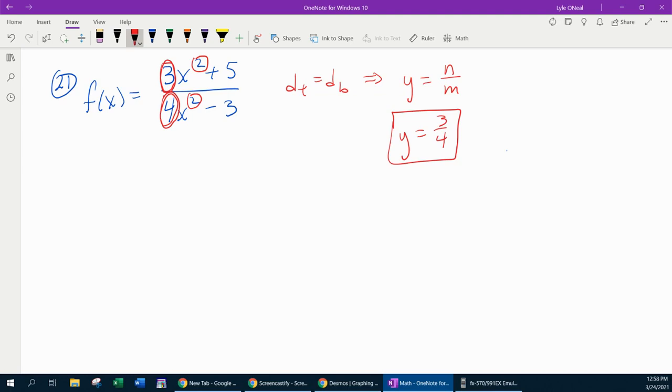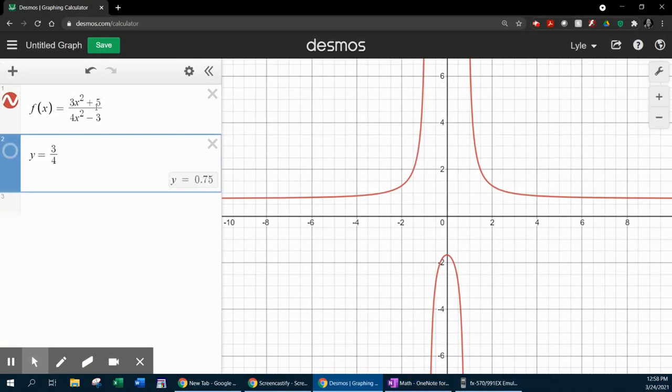Now, to verify that I'm correct, again, I want to go to Desmos. Here I've already typed in our function, and you can see it over here, and I've put in the asymptote, and when I turn it on, you're going to see that it comes in really close on both sides.